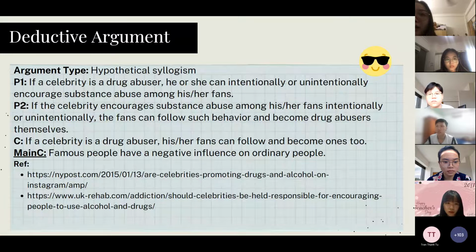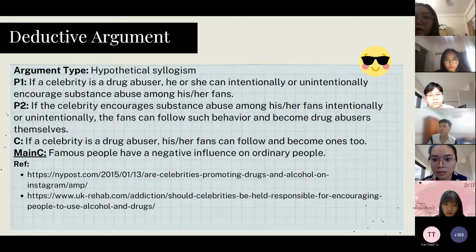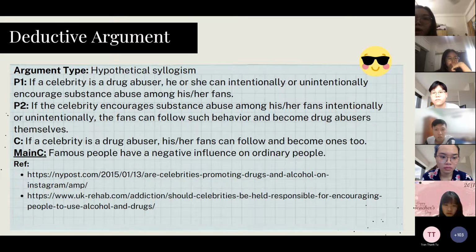So this is our argument. If a celebrity is a drug abuser, he or she can intentionally or unintentionally encourage substance abuse among his or her friends. And if they accidentally or intentionally encourage this kind of activity, the fans can follow such behavior and become drug abusers themselves. And thus, if a celebrity is a drug abuser, his or her fans can follow and become drug abusers.